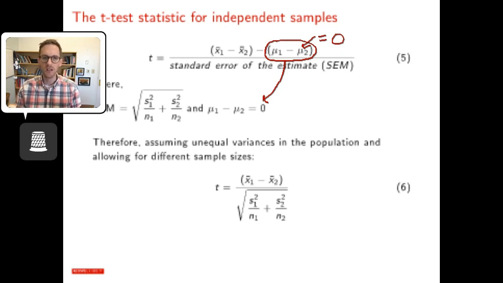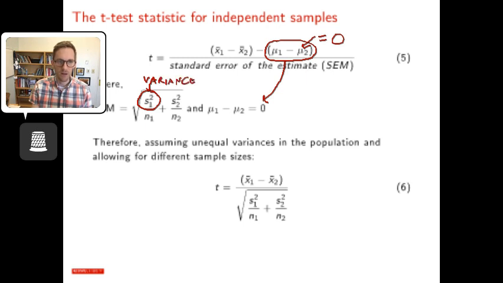We're going to call this the standard error of the estimate, and it's defined by the sample standard deviation squared, and we called that, if you remember, the variance. Okay, it's the variance or the standard deviation squared from sample 1 over its sample size, so n sub 1, plus the variance of the second sample, or the standard deviation of sample 2 squared, over its sample size. Okay, you add those up and you take the square root of that. That's what's going to go under here.